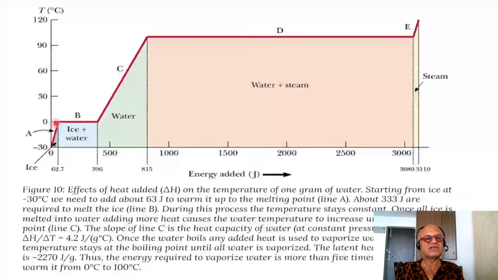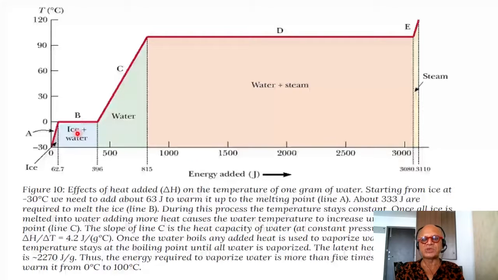So here it is still ice. It was super frozen cold ice here, but adding energy, 63 joules, brings it to ice at 0 degrees centigrade. Then you add the 333 joules required to melt the ice, from 0 degrees centigrade ice to 0 degrees centigrade water. So ice to water.